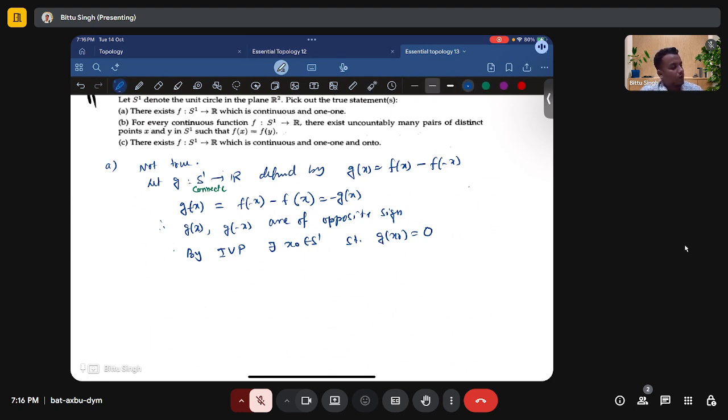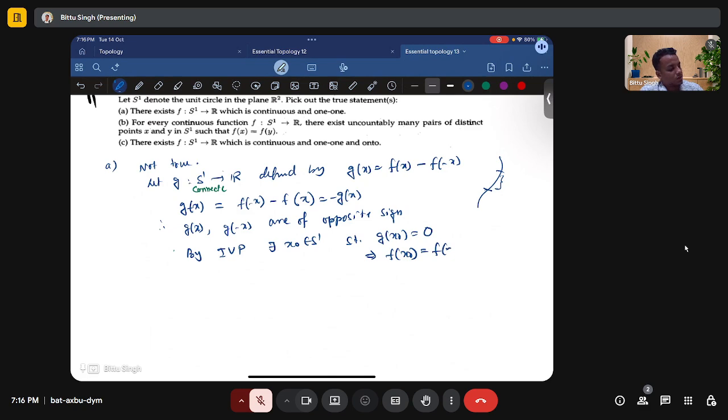Because the intermediate value property says if there are two points in the range, then any intermediate points are also attained. That is, there exists some x0 such that f of x0 is the same as that intermediate point. So that's why G of x0 equals 0, but by definition G of x0 is f of x0 minus f of minus x0.